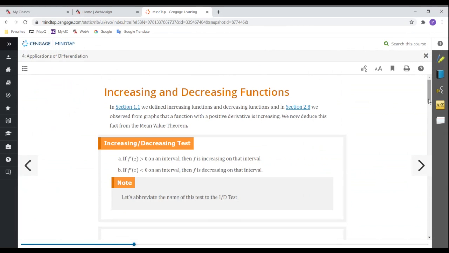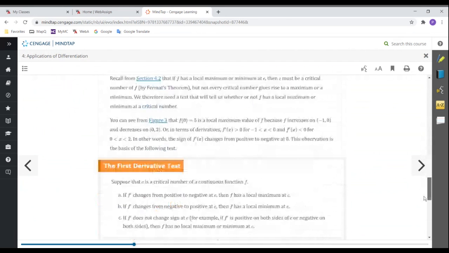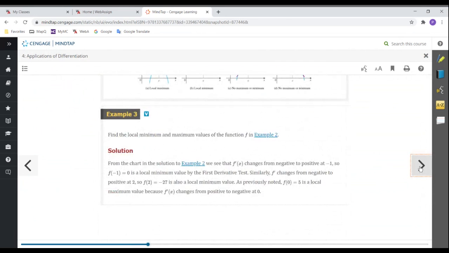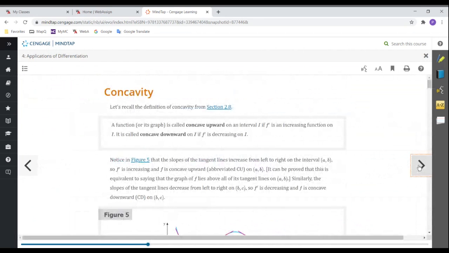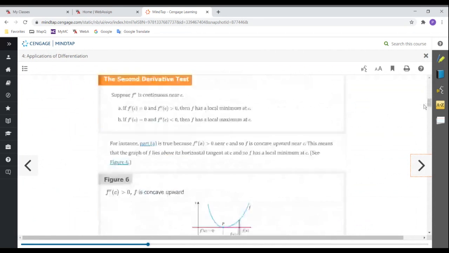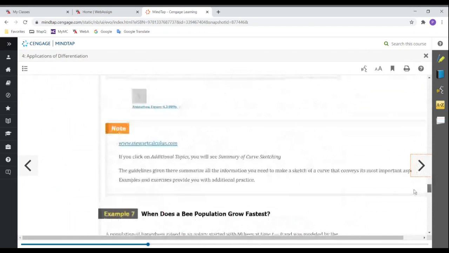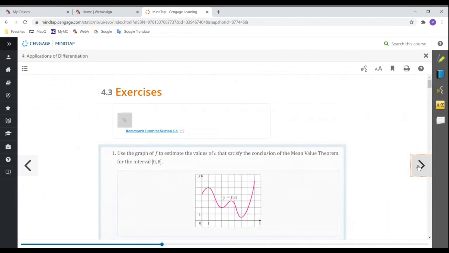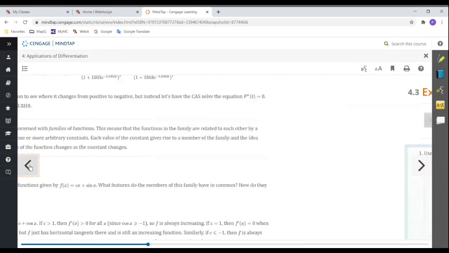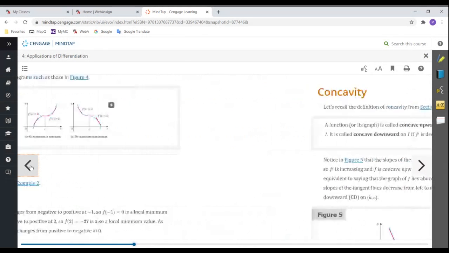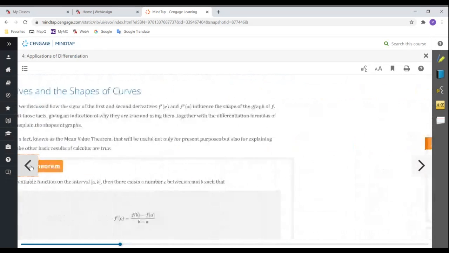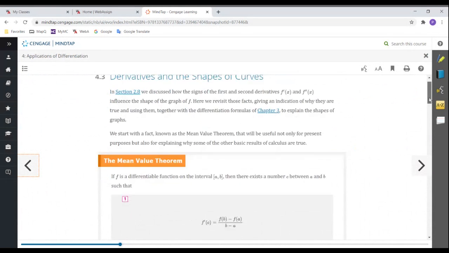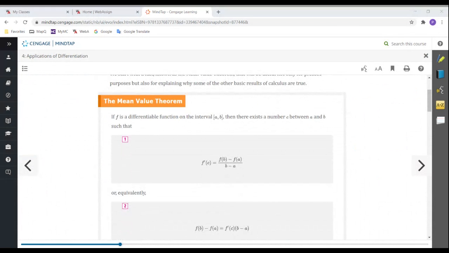I'm finding what they call the mean value theorem, because we're going to need it to prove this evaluation theorem in section 5.3. Let me just see if I can find it. It should be here. Oh, it's way at the beginning. Okay, it's at the beginning. Here it is. Now let me just see. Are you able to see this?